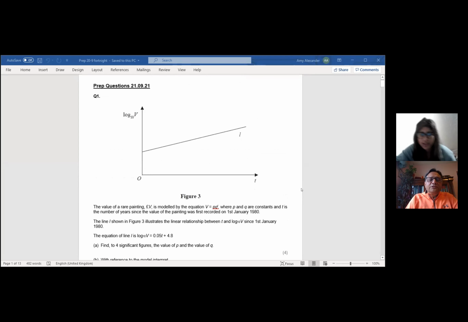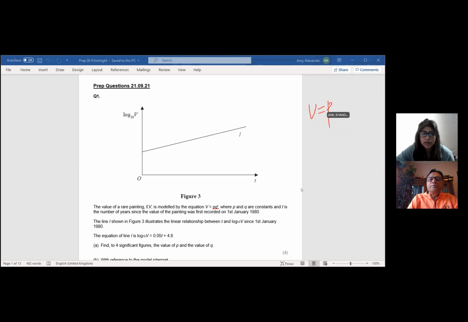Read the question. The value of a rare painting, V pounds, is modeled by the equation V equals P Q to the power of T, where P and Q are constants and T is the number of years since the value of the painting was first recorded on the 1st of January 1980.